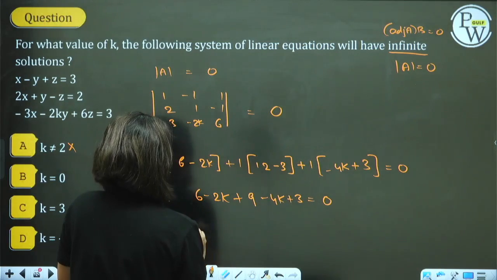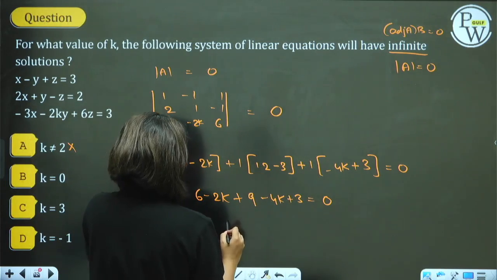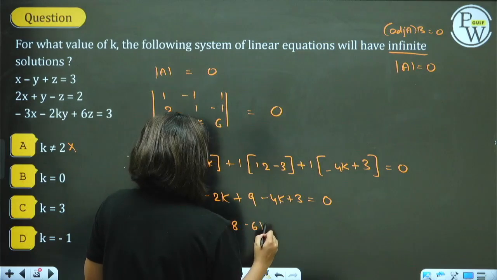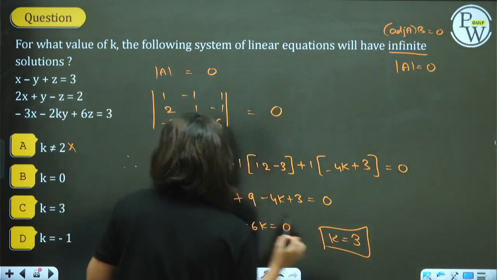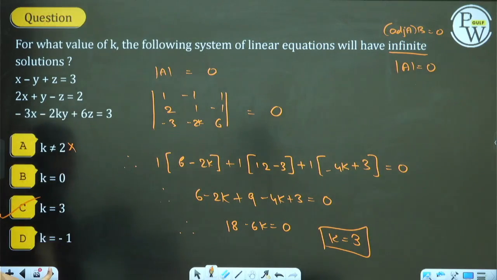How much is this? 6 plus 9, 15, 18. Minus 2 minus 6k equal to 0. k is equal to 3 is what I am getting. Is it correct? I don't know. Let's check. C is the answer.